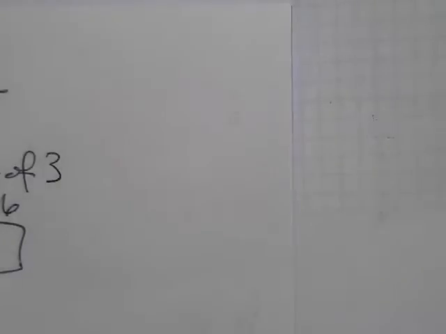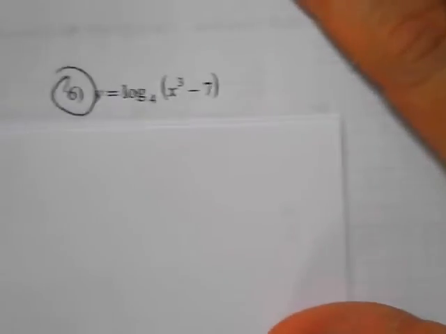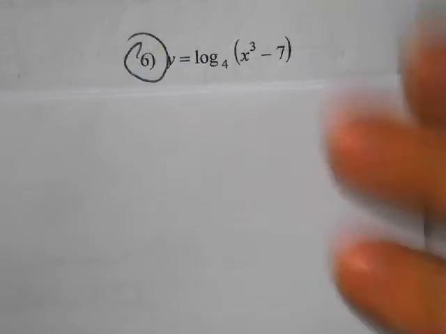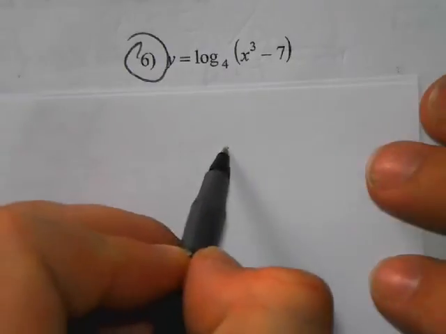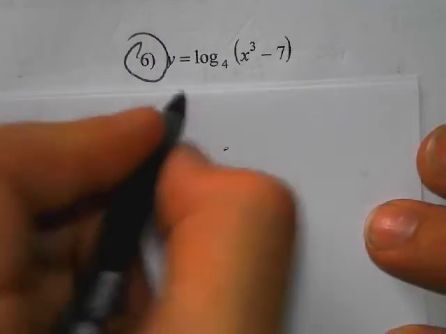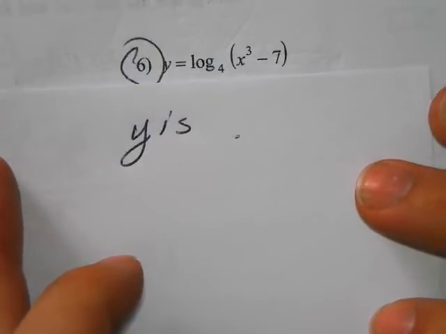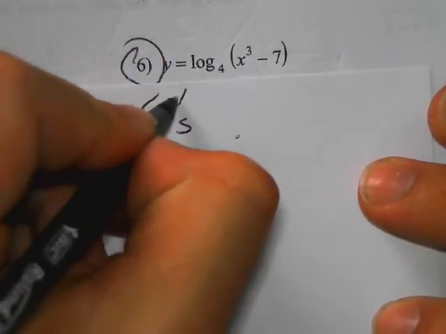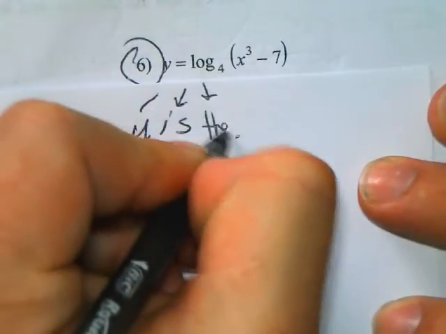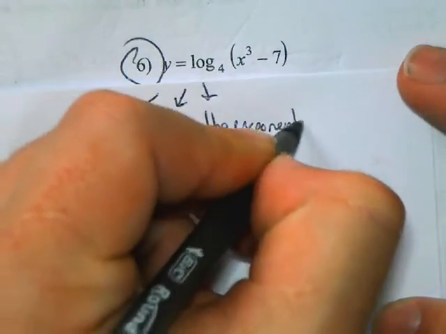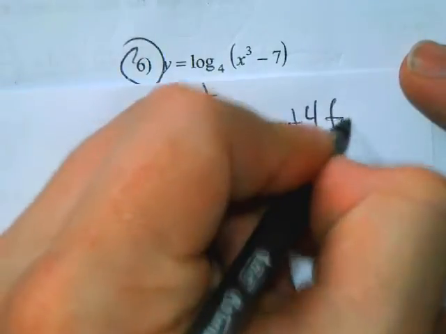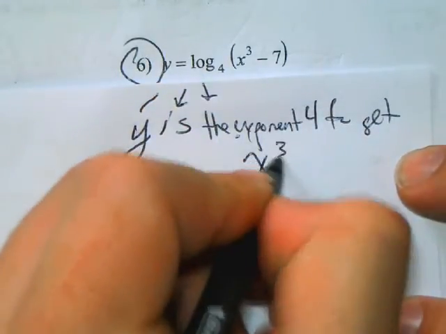And number 6. Number 6 tells us that y equals log base 4 of x cubed minus 7. Since this is already translated for us, we need to go the other direction. This is saying that y is the exponent of 4 to get x cubed minus 7.